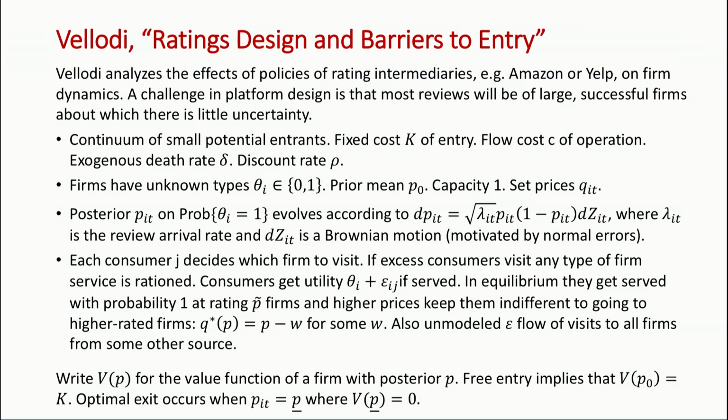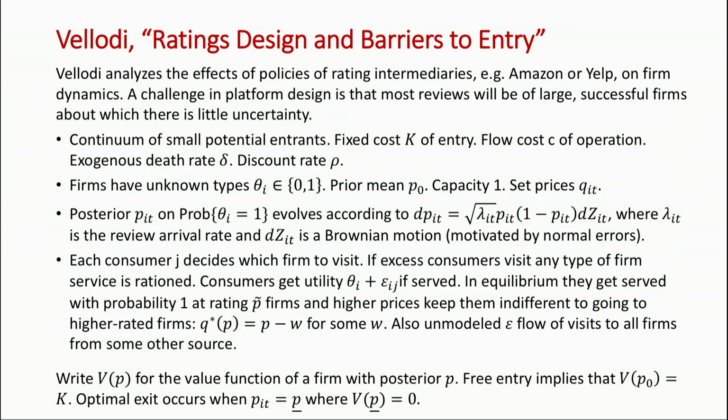He goes with this sort of continuous time Brownian motion learning process where my posterior p_it evolves according to dp_it equals square root of lambda_it, p_it (1 minus p_it) times dz_it, where z_it is a Brownian motion.